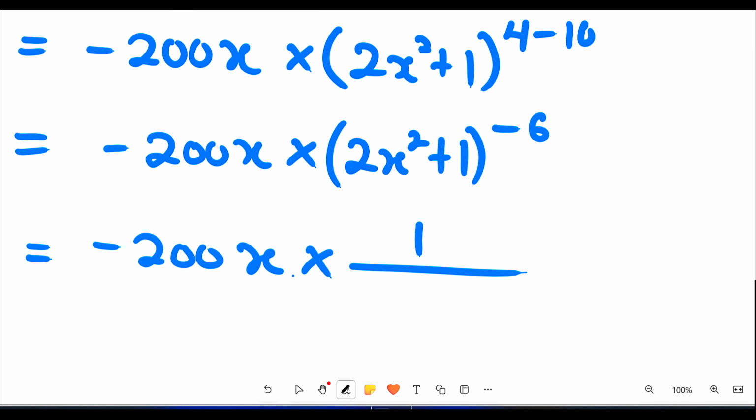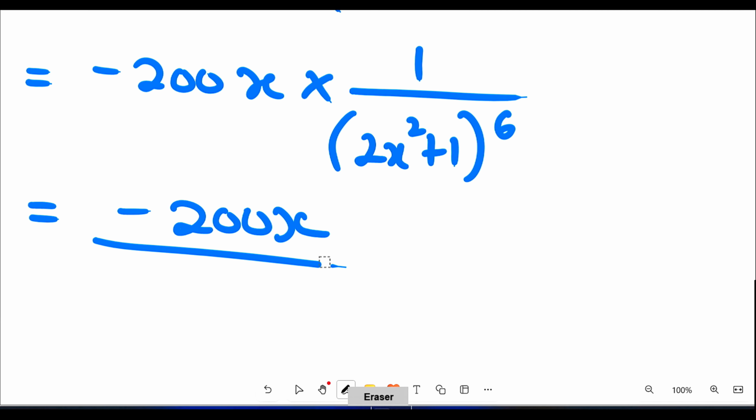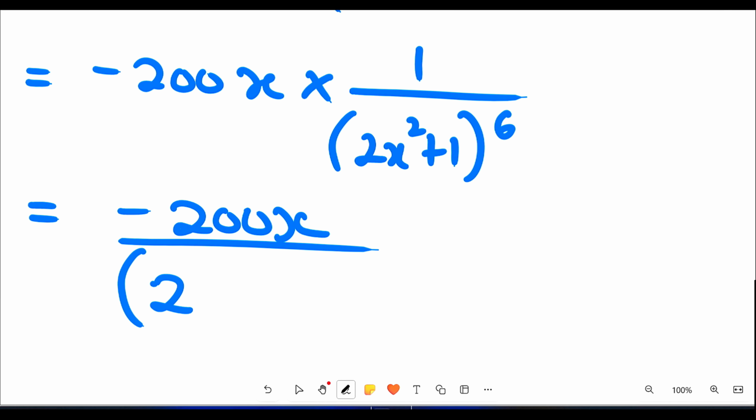So it's going to be 1 divided by (2x squared plus 1) raised to the power positive 6. So at the end, we can now multiply the 1 of the fraction, which is the numerator of the fraction, by the negative 200x. So that will give us negative 200x, then divided by (2x squared plus 1), having an exponent of 6. So this becomes our dy/dx.